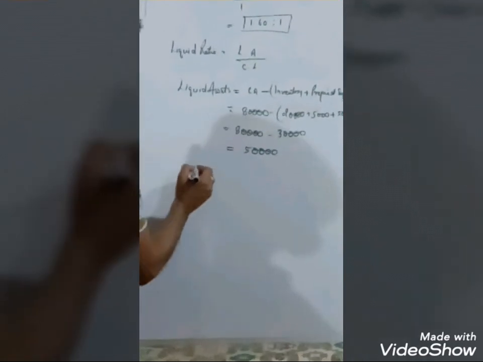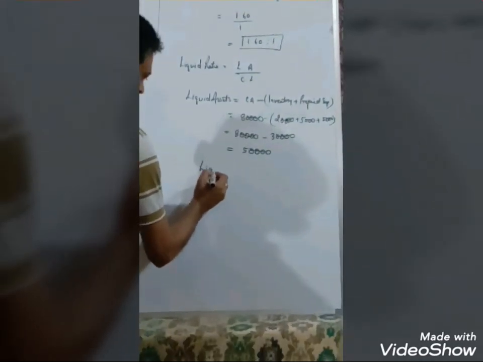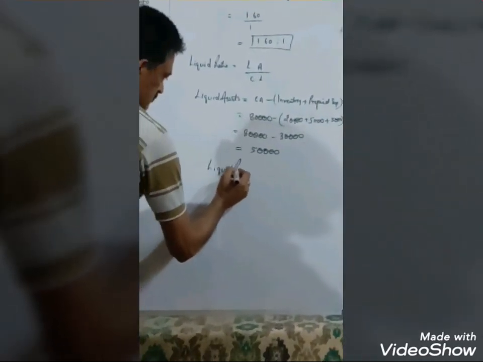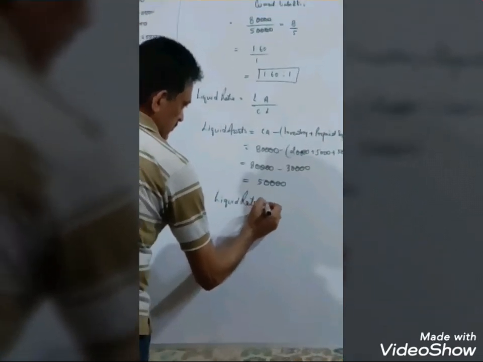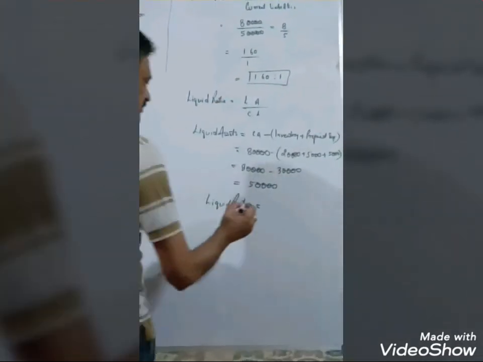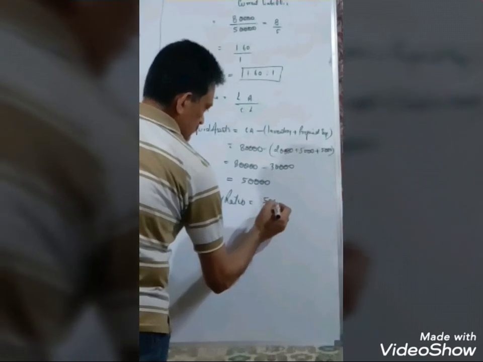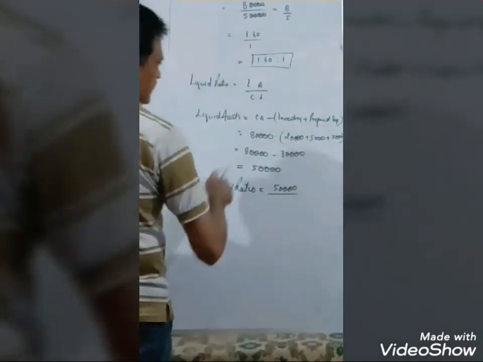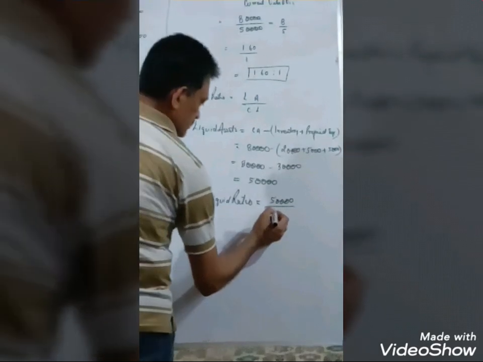Therefore, liquid ratio: liquid assets, which are rupee 50,000, divided by current liabilities. Current liabilities are rupee 50,000.